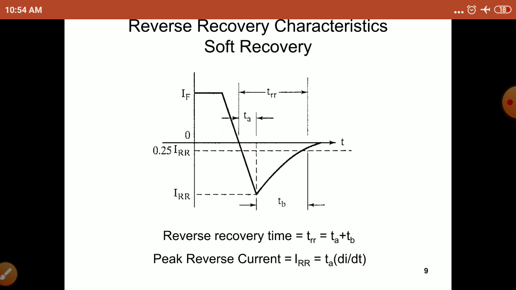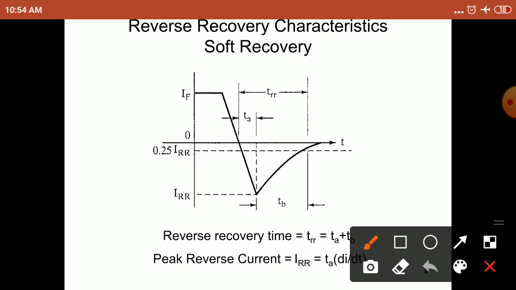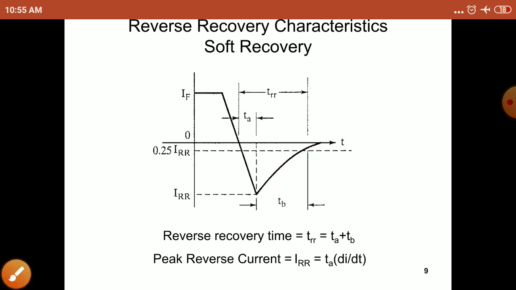Soft recovery means it takes some time to remove the charges from the depletion region, then slowly discharges to remove the charge stored in the bulk semiconductor. There are no abrupt changes in the current and voltage here, so the current is switched softly from one state to the other. That is why it's soft recovery characteristics.